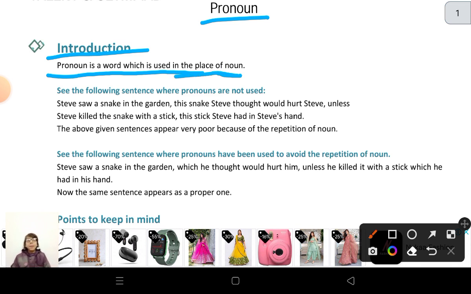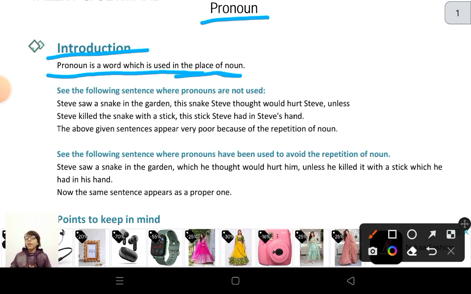Now if I am going to another place with my friend, and there I meet a new friend, I talk to someone and he becomes my friend. When my old friend comes in front of me, I will introduce the new friend to my old friend. I will say his name is Shyam.